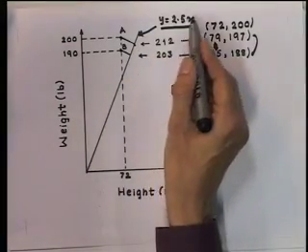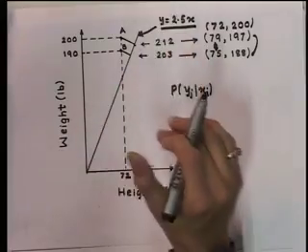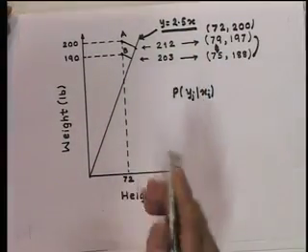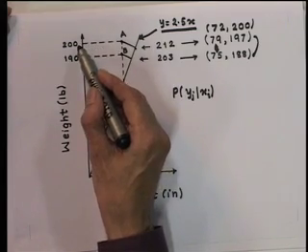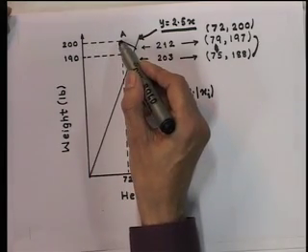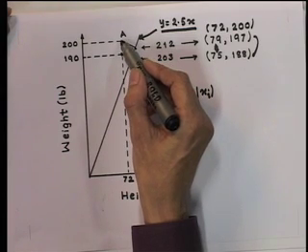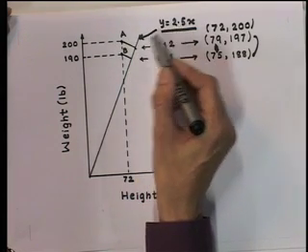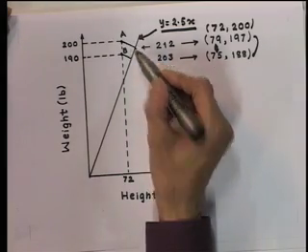Now, in order to take advantage of this correlation, we devise the following compression scheme. For a given pair of weight and height, we find the orthogonal projection on the y equal to 2.5 x line as shown in the figure here.